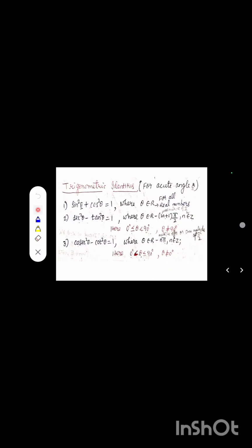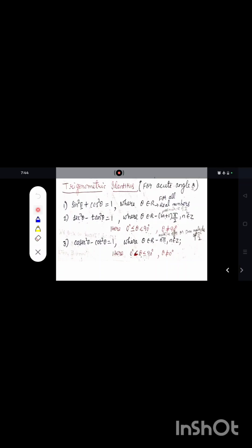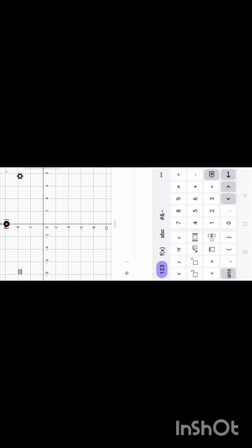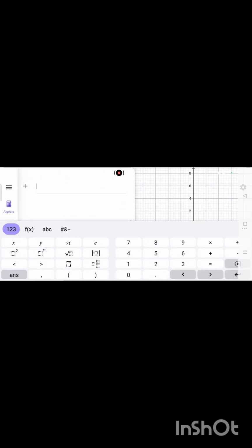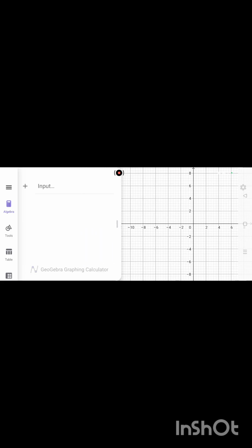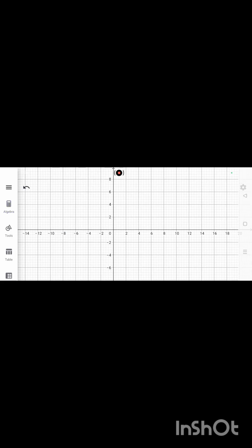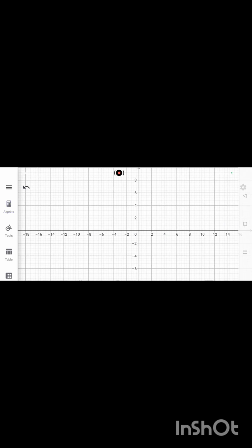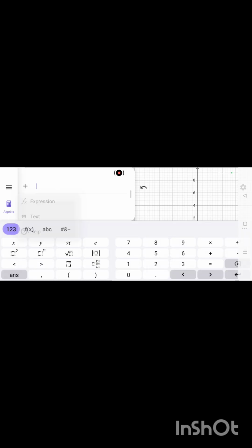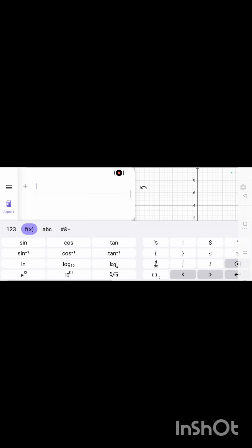Now I'll show you the waveforms of all 6 trigonometric ratios. This is the GeoGebra app. Now I'm going to show the sine wave.